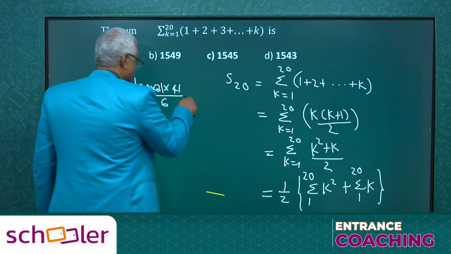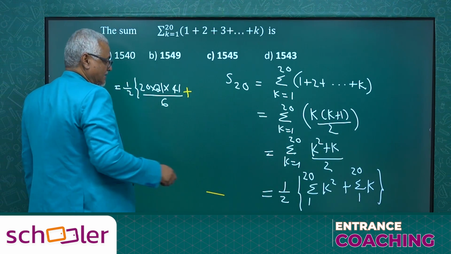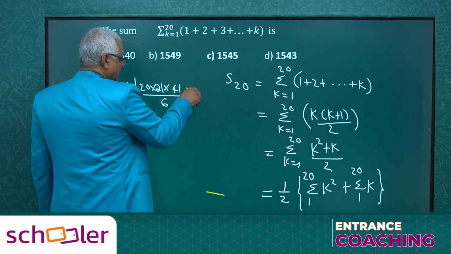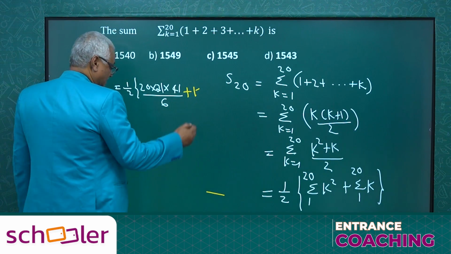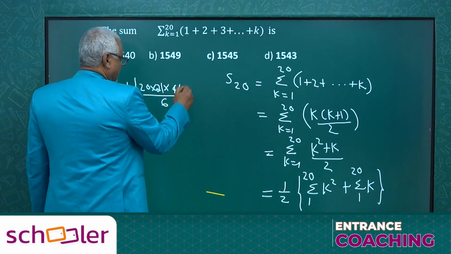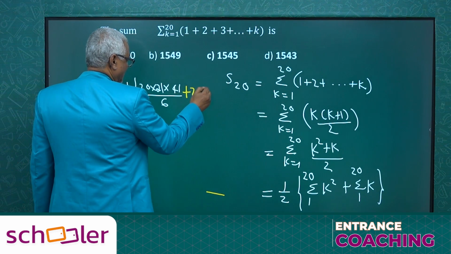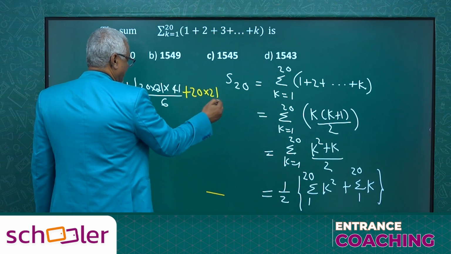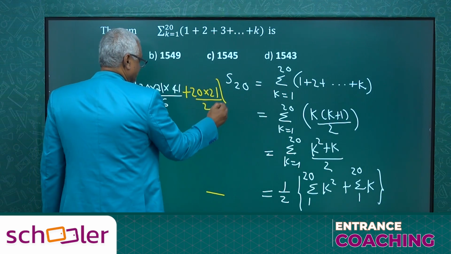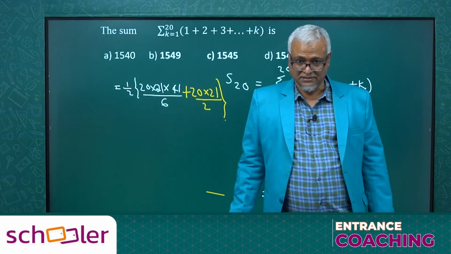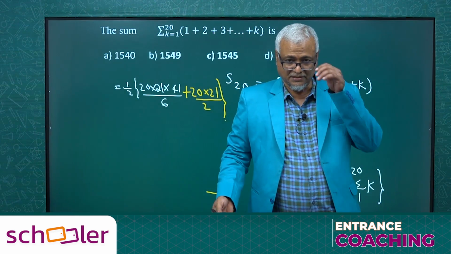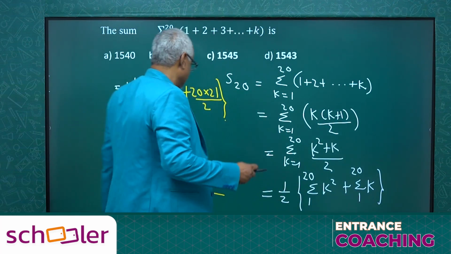Plus, what is the next term? Sigma k. That is k into n plus 1 by 2, where n is 20: 20 into 21 by 2. Now everybody can solve this. Simplify.